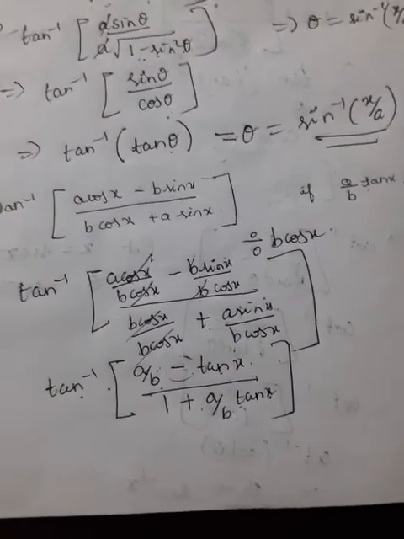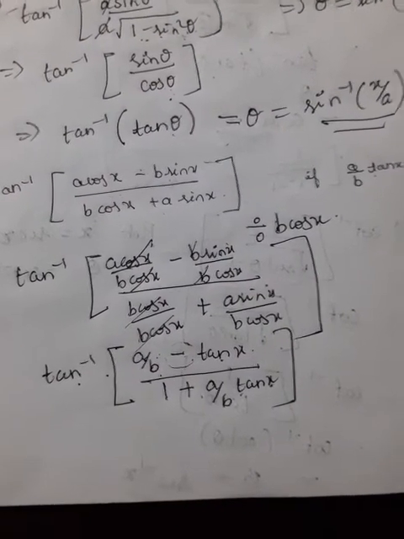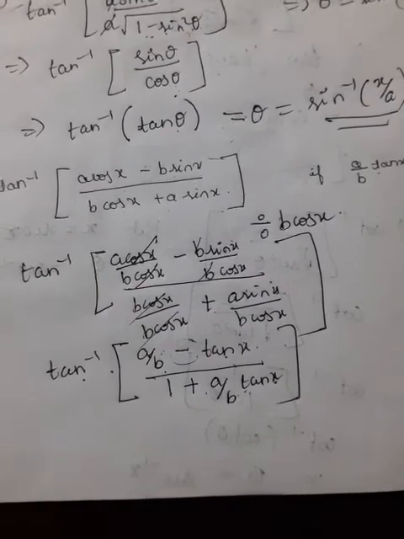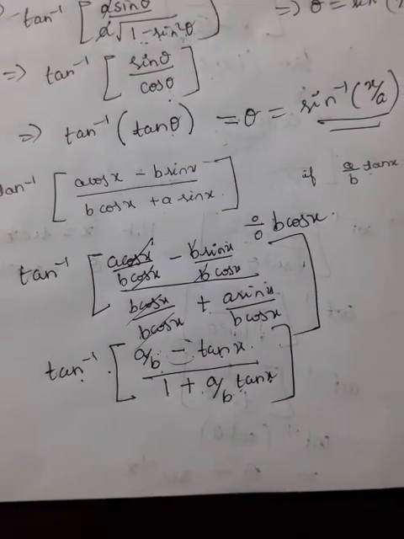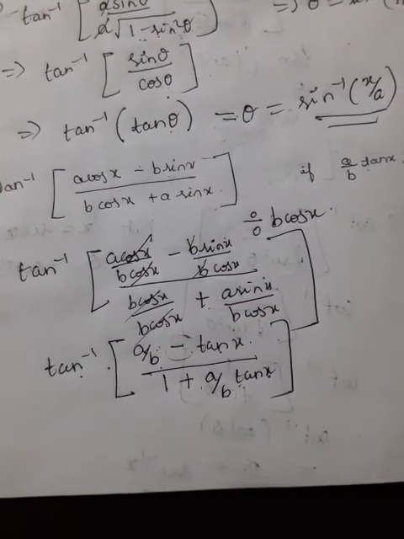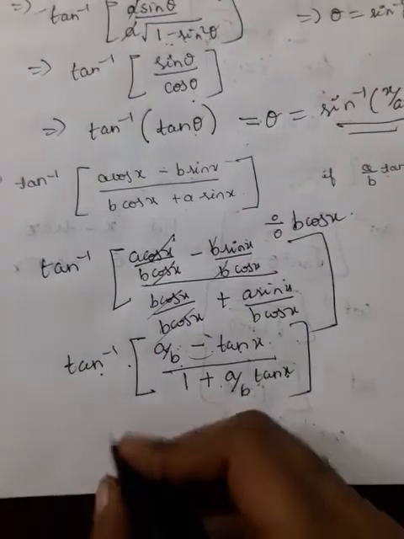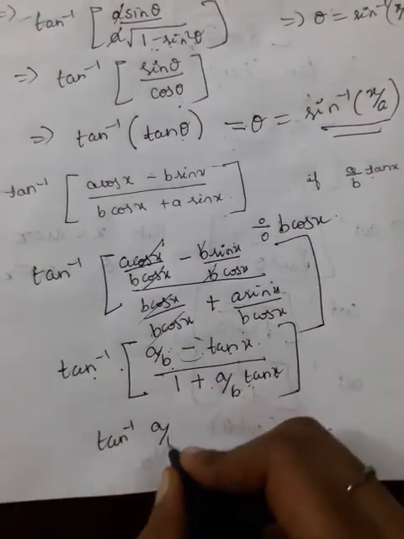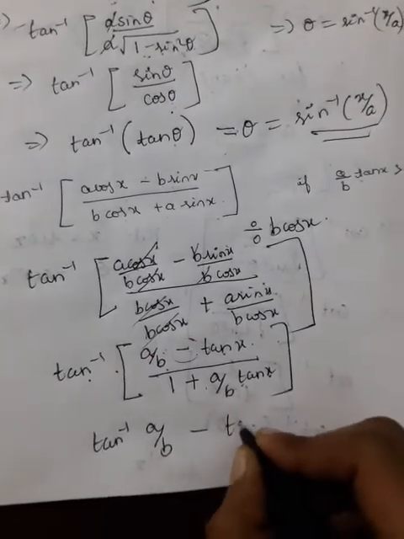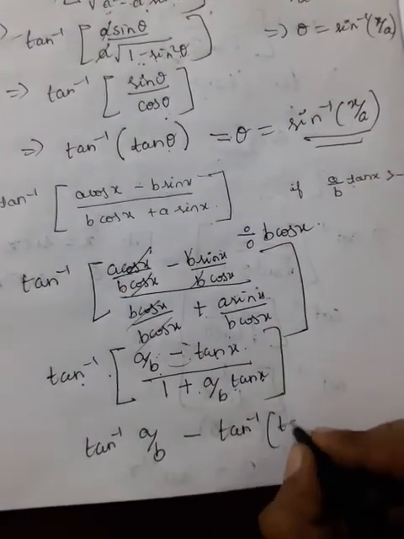If x into y is less than 1, then tan inverse of x minus tan inverse of y is equal to tan inverse of x minus y divided by 1 plus xy. Therefore this is in the form of tan inverse of x, which is a by b here, minus tan inverse of y, which is tan inverse of tan x.